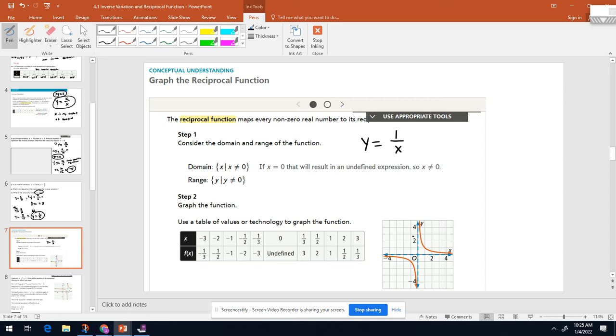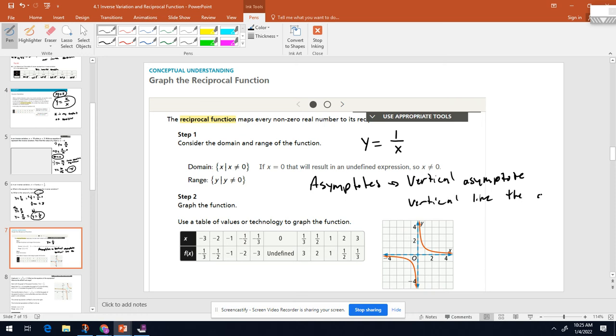But as I start plugging in values, you notice these two branches of this graph ride along the y-axis and the x-axis. Those are called asymptotes. So we have a vertical asymptote, which is just that, a vertical line.